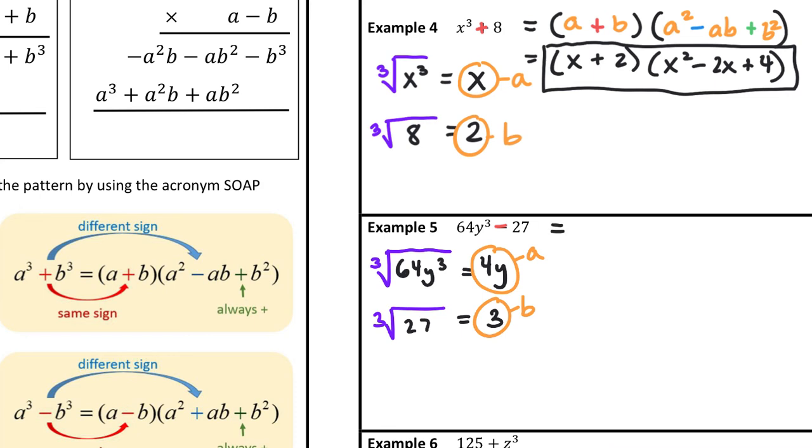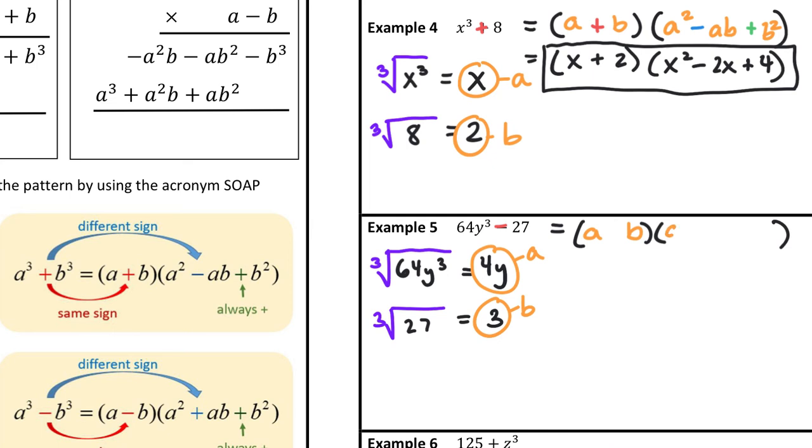So I'm going to set up my 2 parentheses. It's going to be A, B. Remember, same, opposite, always positive. Let me see. So I'm just going to copy all the letters.